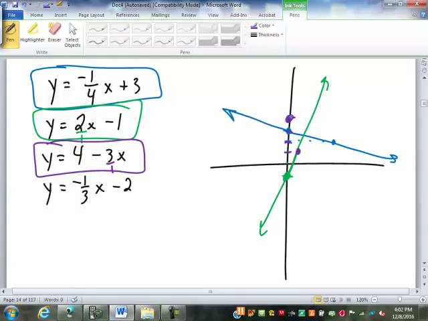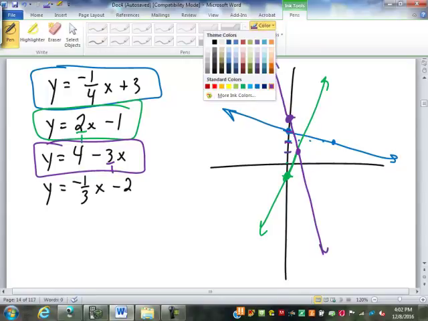Got to remember to go over 1. So that's the purple line. How many of you had that one right? Just a couple. They all look the same.